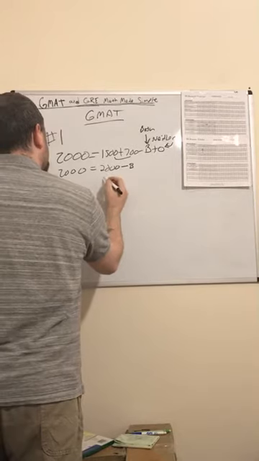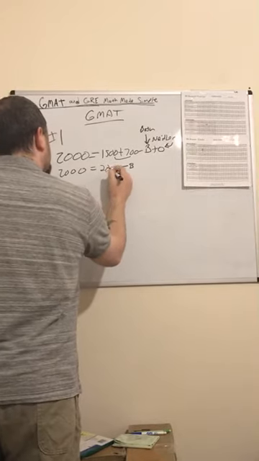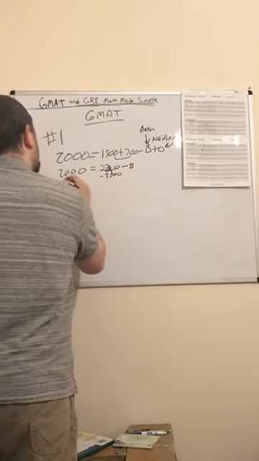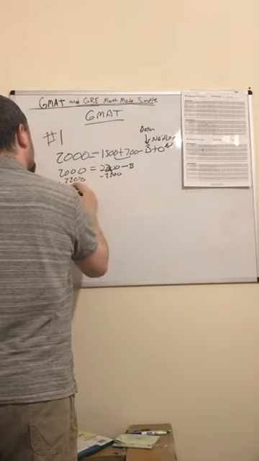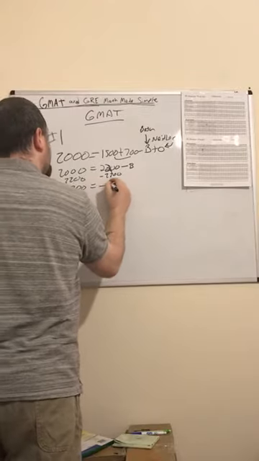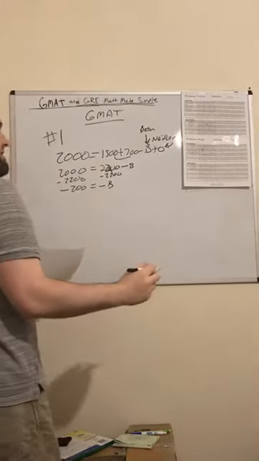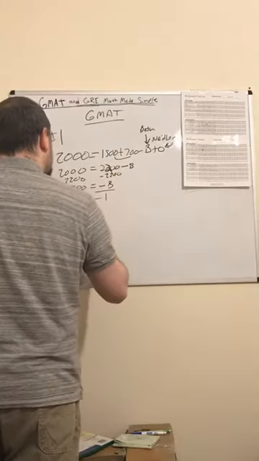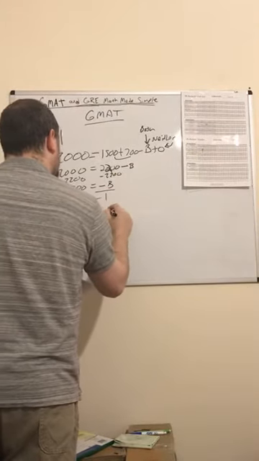So what we'll do here is subtract 2,200, minus 2,200, which gives us negative 200 equals negative B. Now, of course, in order to make sure that the B is positive, we divide by negative 1 on both sides, and we have 200 equals B.